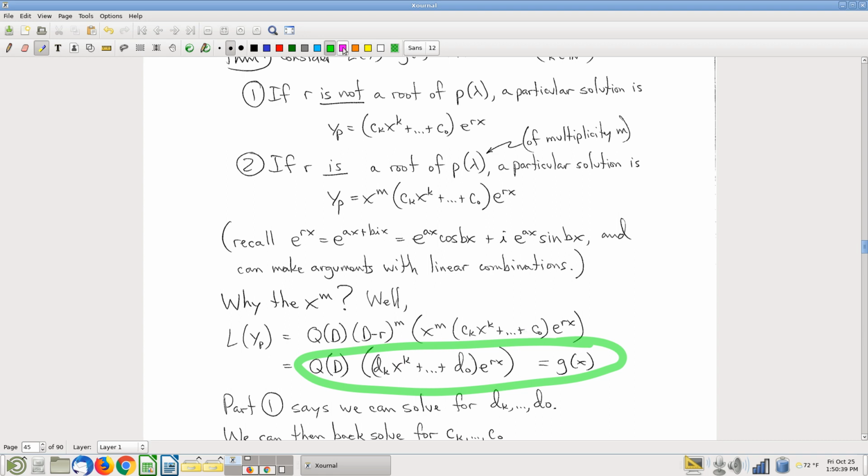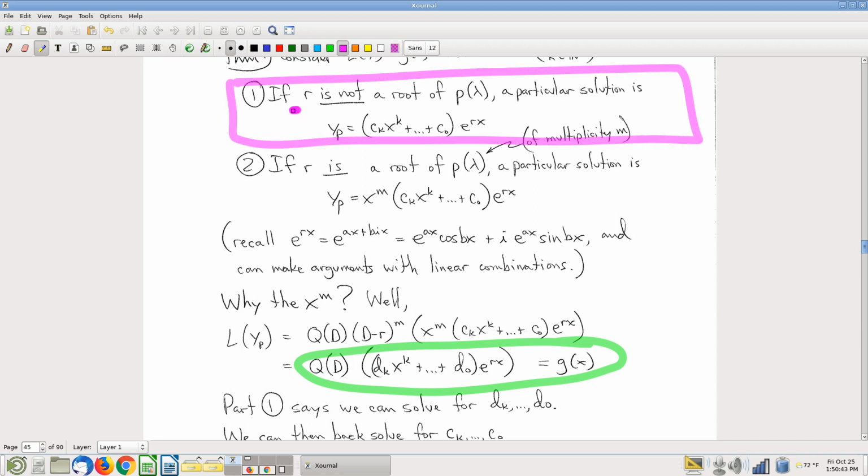So looking at the first part of the theorem up here, the first part of the theorem says if r is not a root of M, check it out. r is not a root of our characteristic polynomial there. Right? This characteristic polynomial has no factors of D minus r. The D minus r's have already disappeared. In that special case, we expect our natural guess to work.